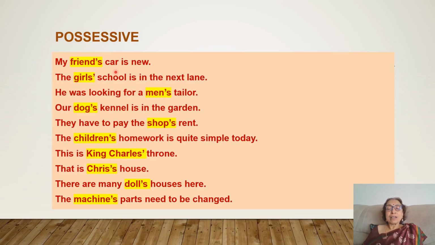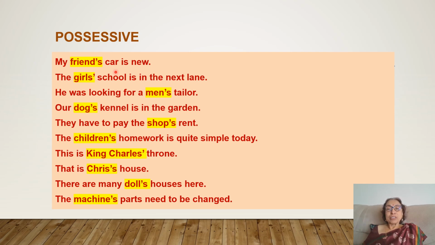My friend car would imply that your car is your friend. That meaning change is there. So you have to remember, when you say my friend car, the friend and the car become one single object. But here there are two different nouns. Friend is one person, car is a different thing. And you can say my friend's family, my friend's daughter, my friend's son, my friend's brother, sister, father.